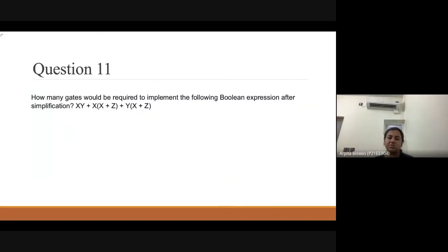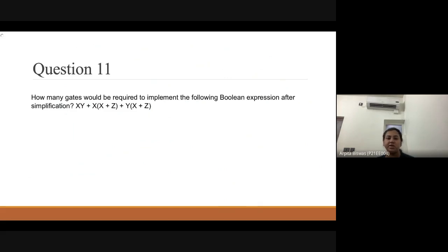Okay. So this is a very basic question. I think this is a very easy question. How many gates would be required to implement the following Boolean expression after simplification? The previous question asked you to find how many gates are required before simplification. But here you have to find how many gates would be required after the simplification.